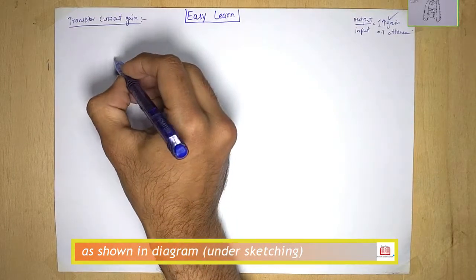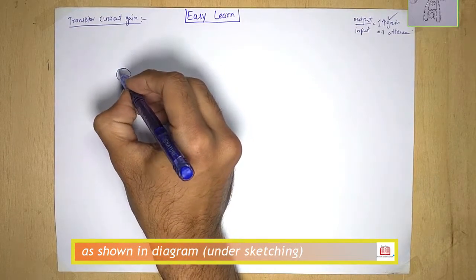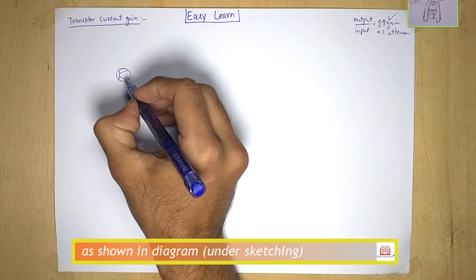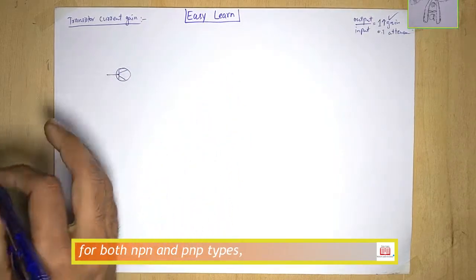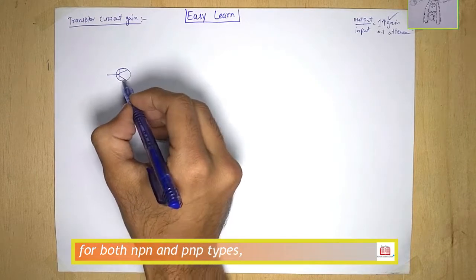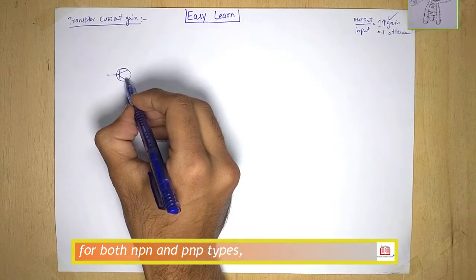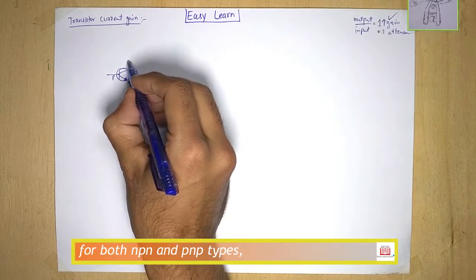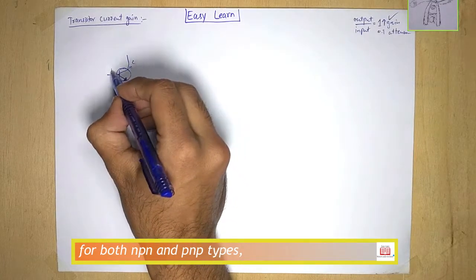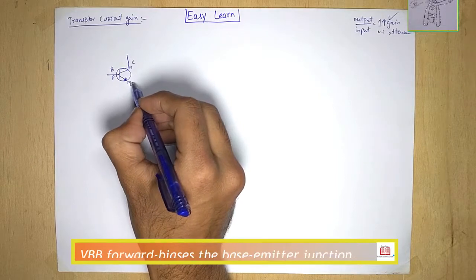So, transistor gains. First of all, let's start by discussing the drawing of the bipolar junction transistor. This is an NPN transistor. This is the collector, this is the base, and this is the emitter.